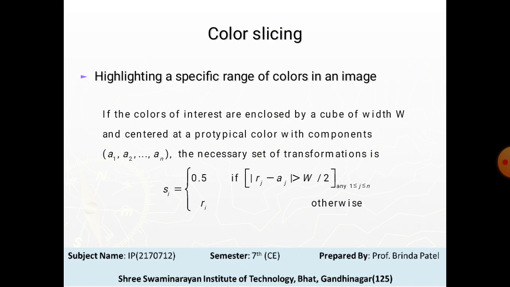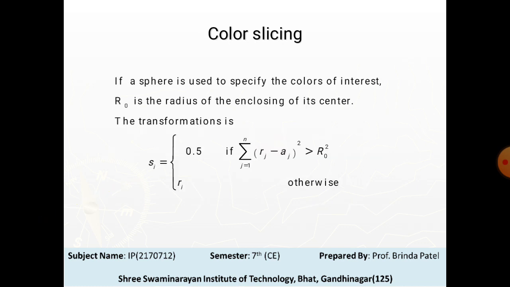These transformations highlight the colors around the prototype by forcing all other colors to the midpoint of the reference color space. For the RGB color space, for example, a suitable neutral point is middle gray, with the value 0.5, 0.5, 0.5.